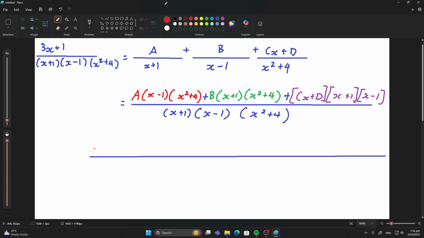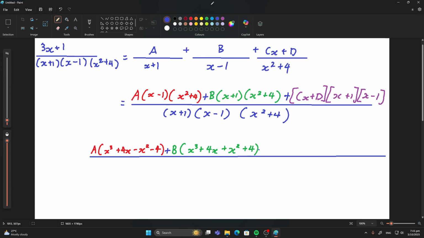So in this case, I'll have A over x cubed plus 4x minus x squared minus 4, plus B over x cubed plus 4x plus x squared plus 4.